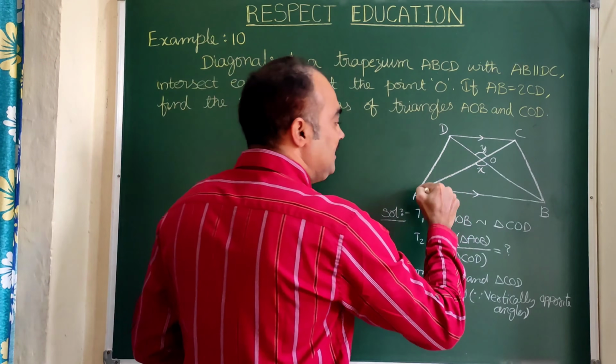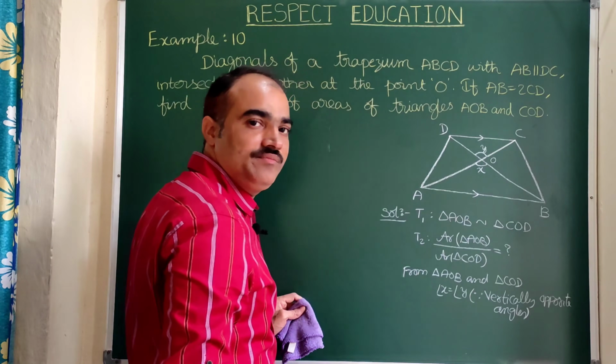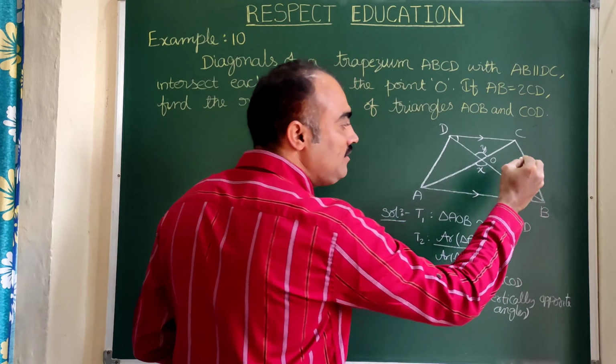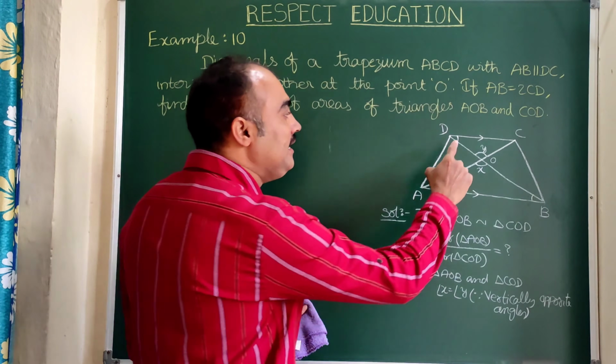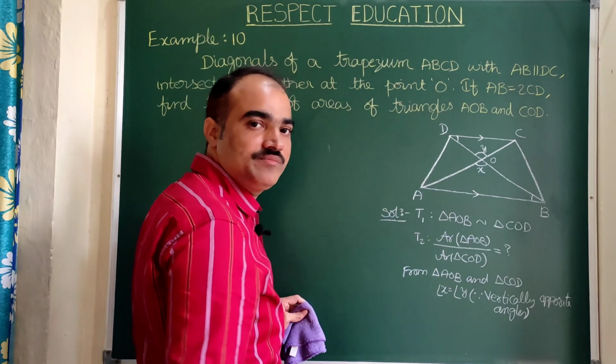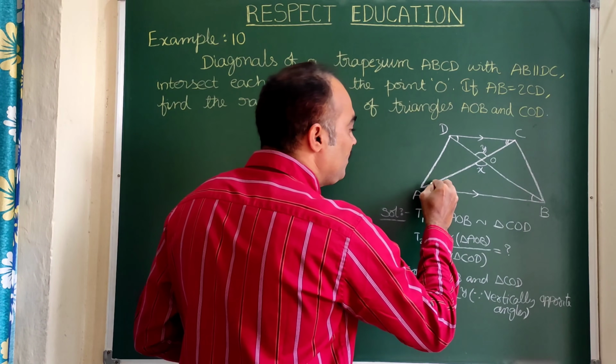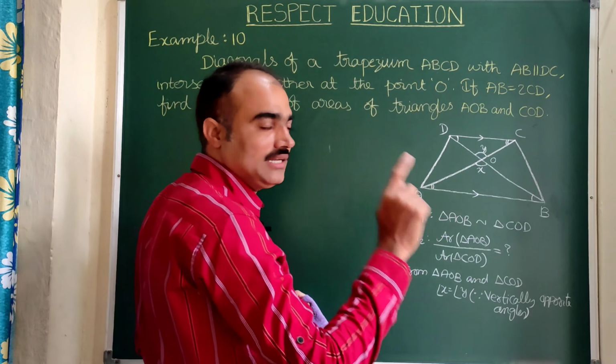Next, since AB is parallel to DC, we can take either this pair of angles, those are called interior alternate angles, or even you can take this pair also. If we take any one, that is sufficient.